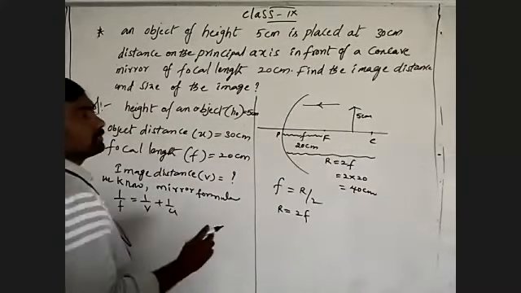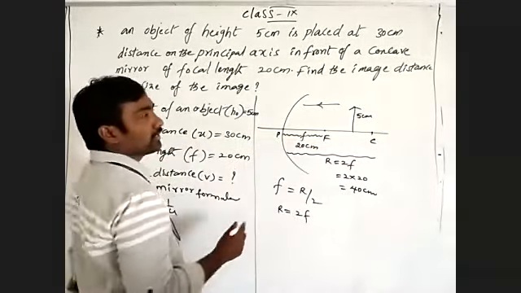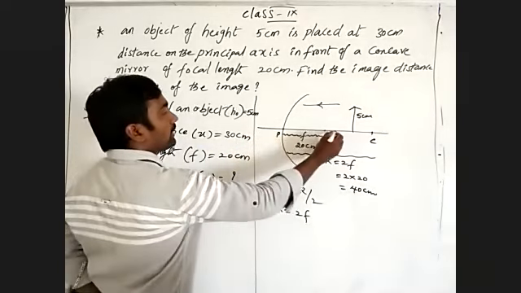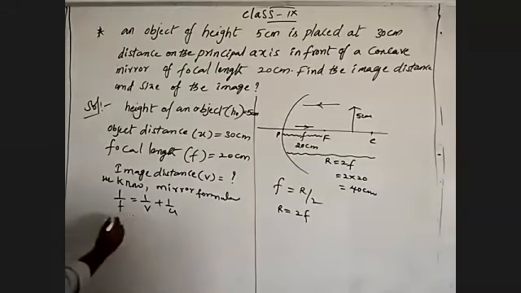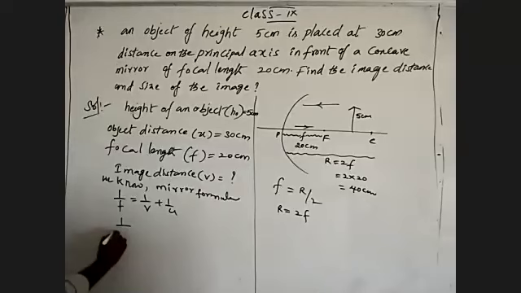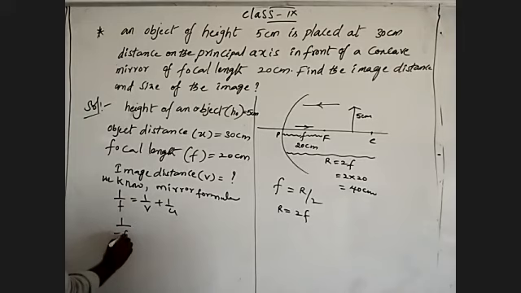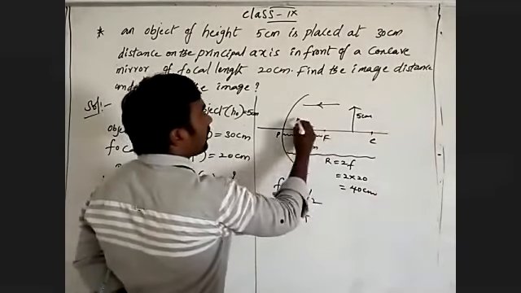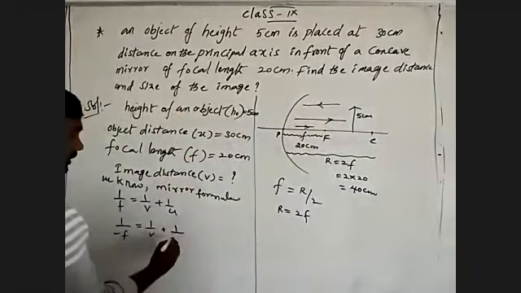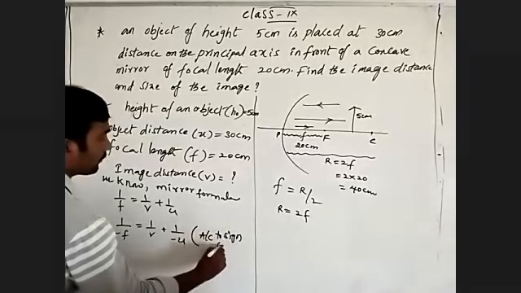We measure focal length from the pole opposite to the incident light direction, so focal length is negative. According to sign convention, I write minus F. The object is also measured opposite to the incident light ray direction, so minus U.